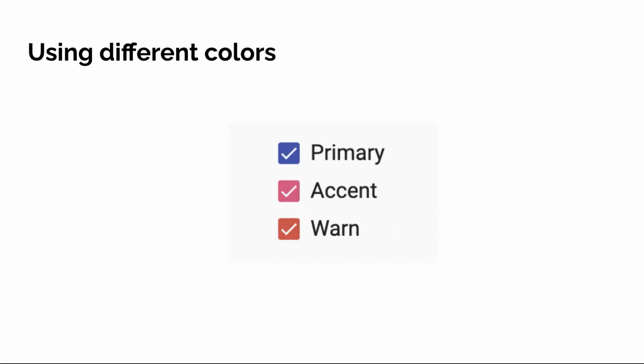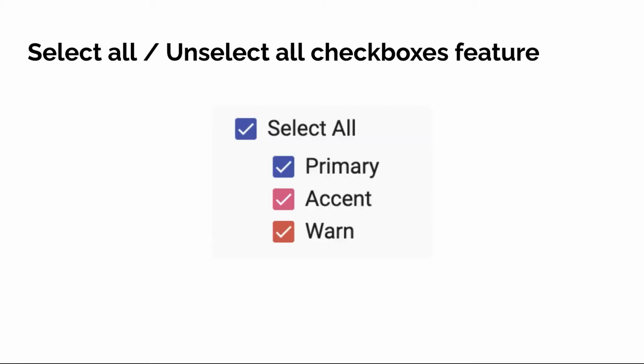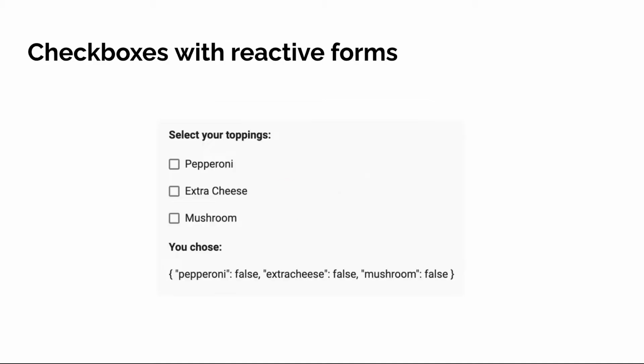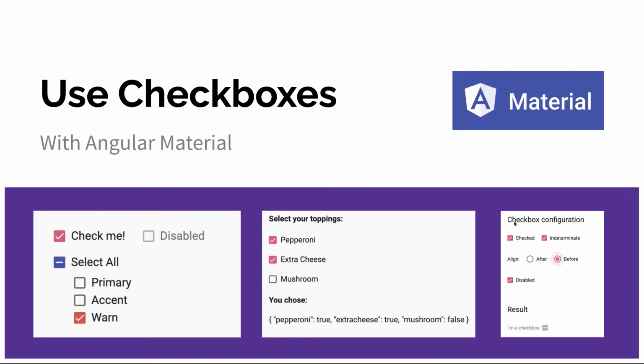We will see how to add different colors to the checkboxes, and also we will learn how to change the position for the checkbox label. We will learn how to select all or unselect the checkboxes, and at the end we will learn how to use reactive forms with the checkboxes. So these are all of the things that we are going to learn in this video.